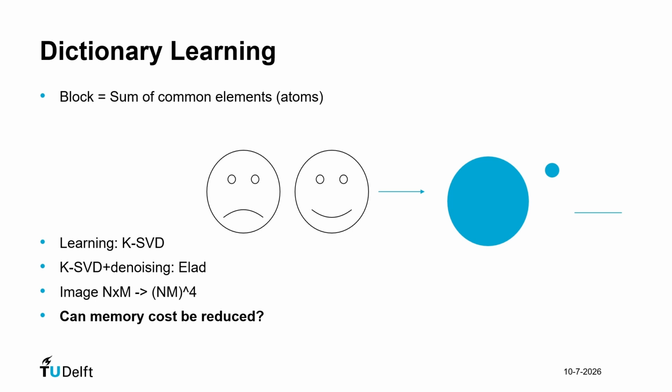And there is one notable thing about their algorithm, because for images of the size n by m pixels, they use data structures and matrices of the size nm to the fourth, which grows really rapidly. So our main research question is, can we, for this method, reduce the memory cost?